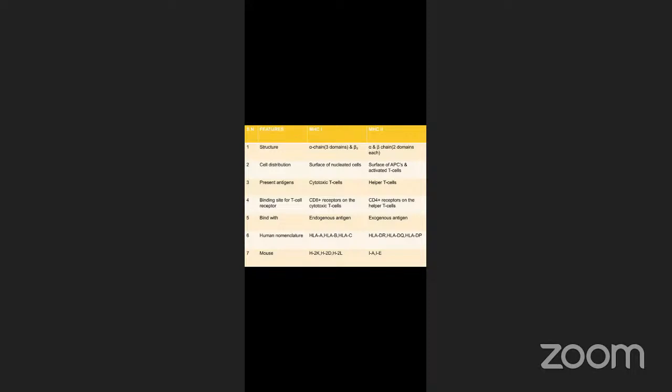On the surface of these antigen presenting cells, the MHC molecule 2 is present. The MHC 1 molecule complex always presents antigens to the cytotoxic T cell, and wherever MHC molecule 2 is expressed on the surface of an antigen presenting cell, it always presents the antigens to the T helper cell.